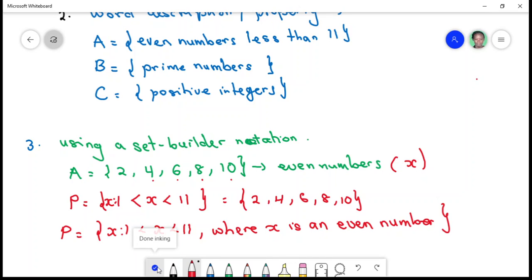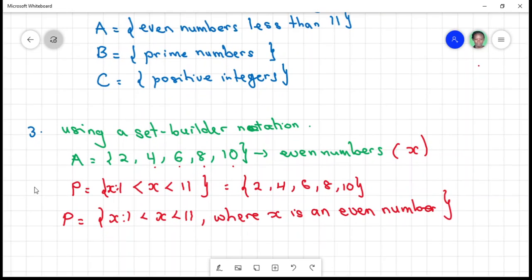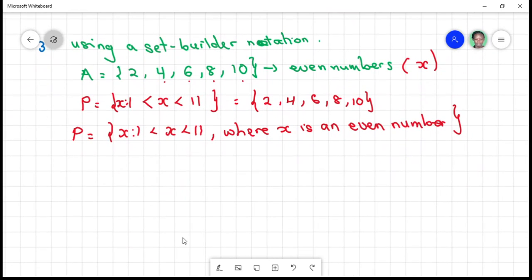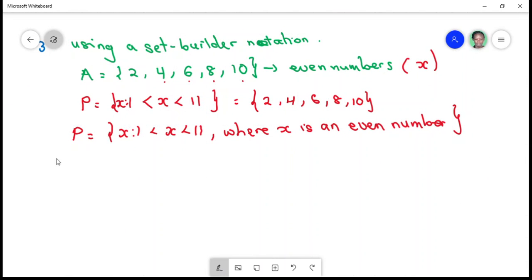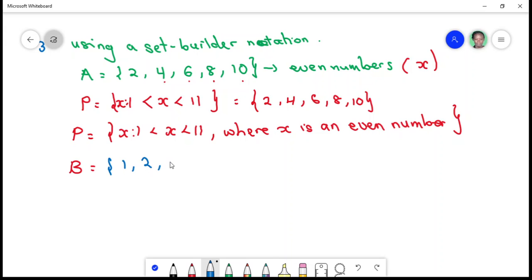Now let's look at another example. Let's say I have my set B equal to 1, 2, 3, 4, and let's say there are some missing numbers there, up to 13.